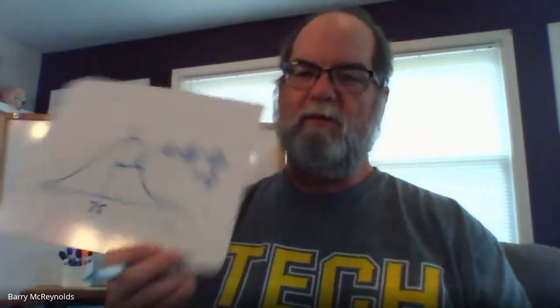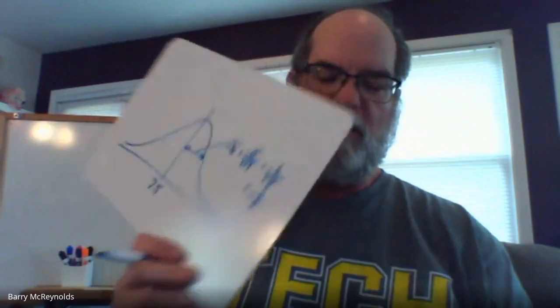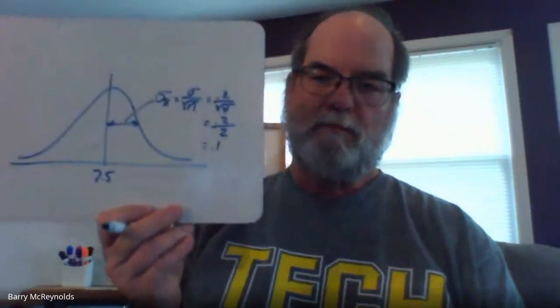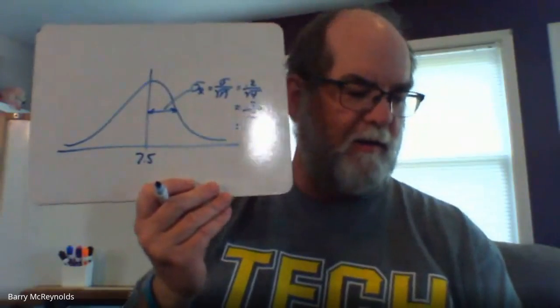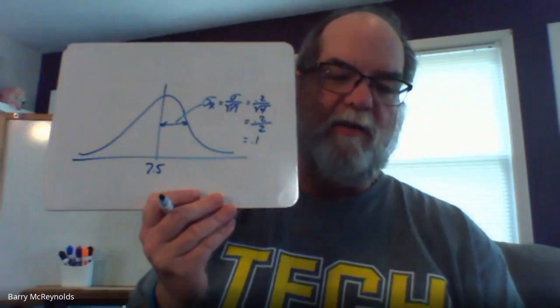So 0.2 divided by 2. Anybody going to tell me what that is really quick? My guess is that the new standard deviation is 0.1. You've got a calculator there. You can verify that. But your new standard deviation is 0.1.